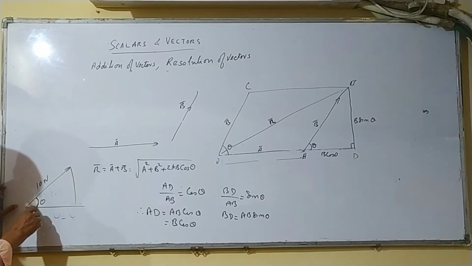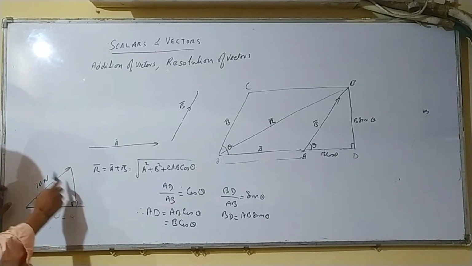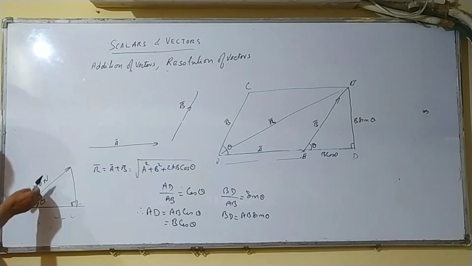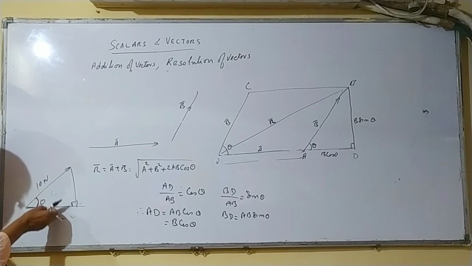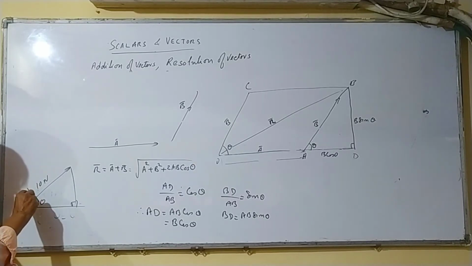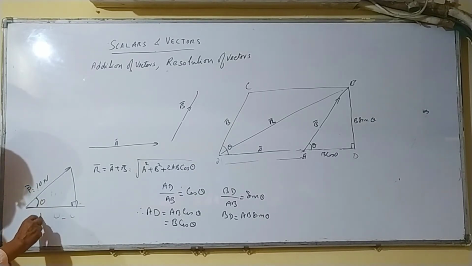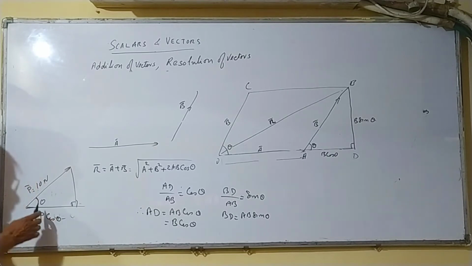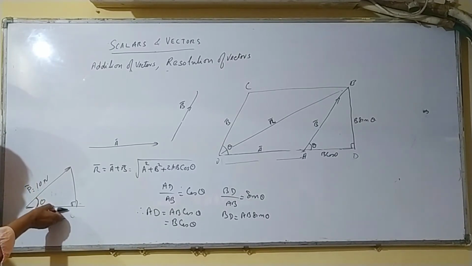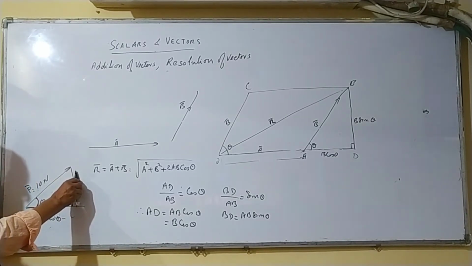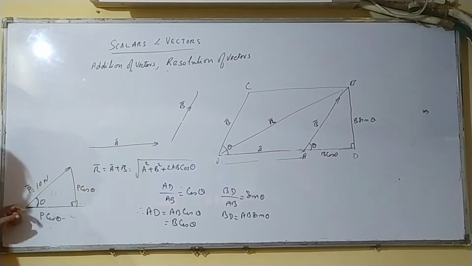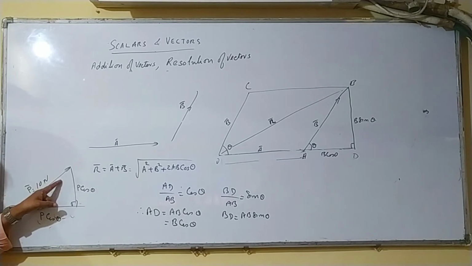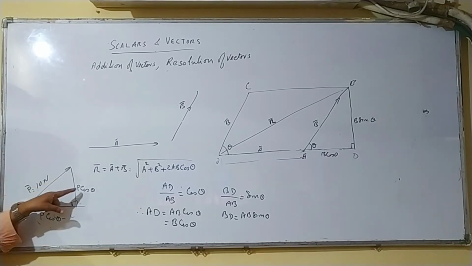This angle is theta. This is the opposite side. Always the adjacent side will be 10 Newton into cos theta. If this is vector P, this is P into cos theta. Adjacent side will be cos theta, opposite side will be sin theta. So, if this is 10, this is 10 cos theta, and this will be 10 sin theta.